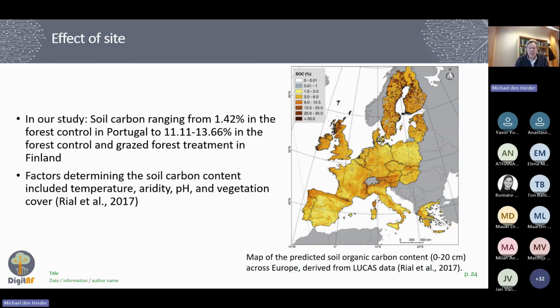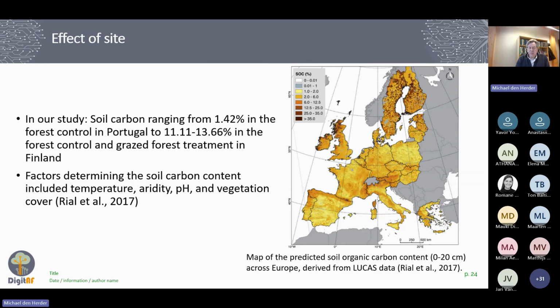So soil organic carbon is really dependent on temperature and drought. Also, pH has a very big impact, and also the type of vegetation has a very big impact. The sites in Southern Europe were quite dry during the measurements, and at the Finnish site, in the north, the pH was extremely low.